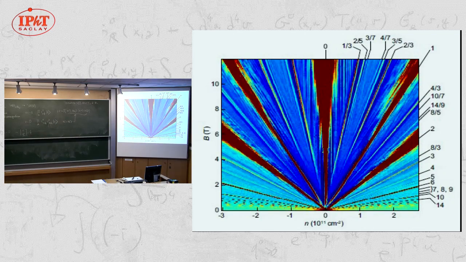So the fact that it's multi-component means that in addition to the usual fully polarized state that we know from 2D electron gases, there should be also some more interesting candidates hidden in the details of this picture.